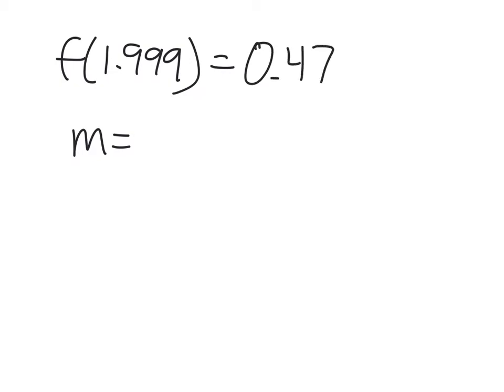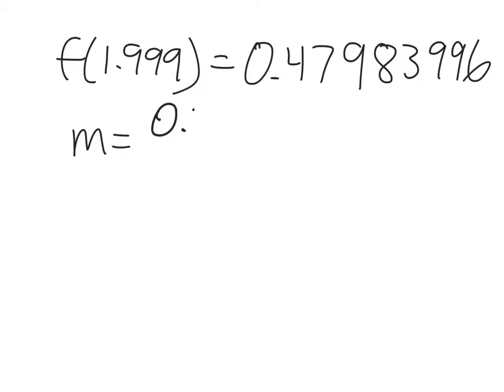I bet I'm correct up to 2 decimals here. So with that y value, we can then go with our 2 and 0.48, and this point here, calculate the slope.